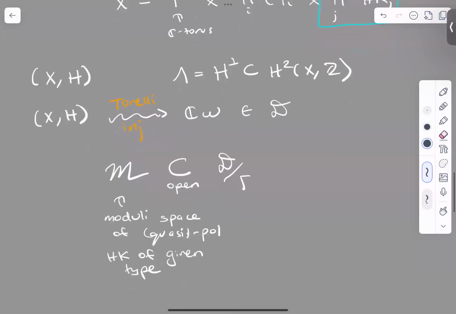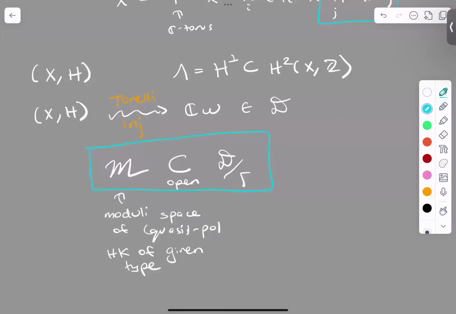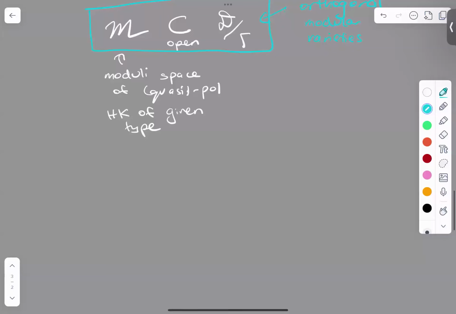But the point is that many examples of orthogonal modular varieties give a kind of partial compactification. They're not compact, of course, but some kind of partial compactification of these moduli spaces. And so this is really supposed to provide some motivation for why algebraic geometers care about these quotients to begin with.